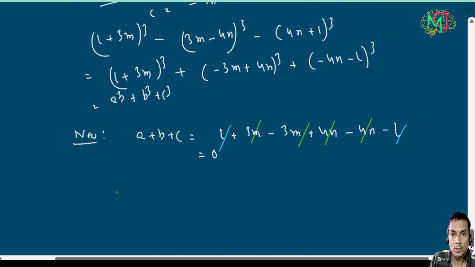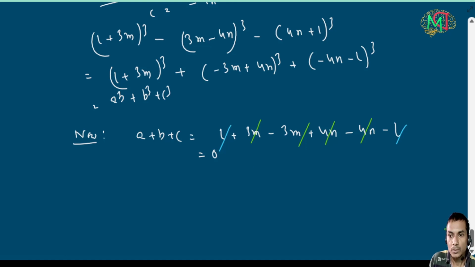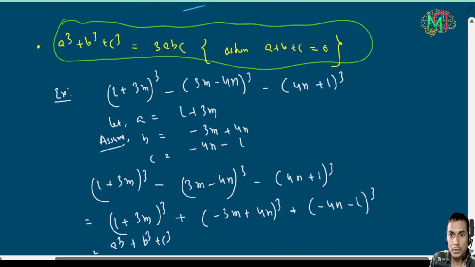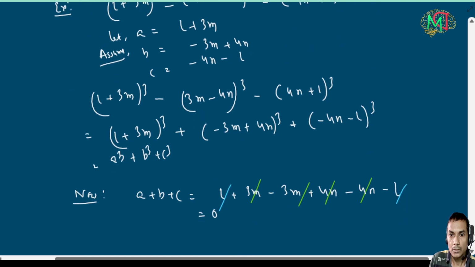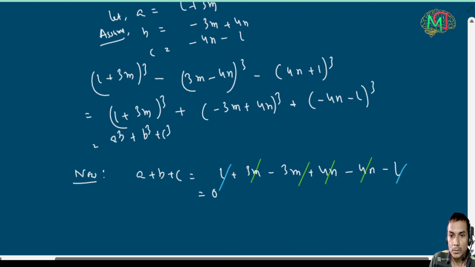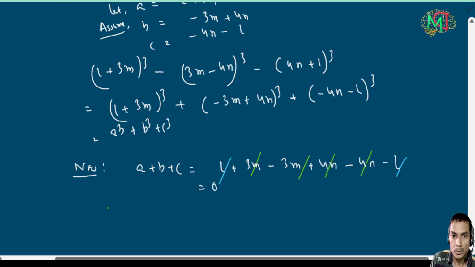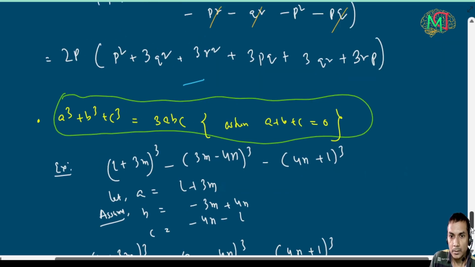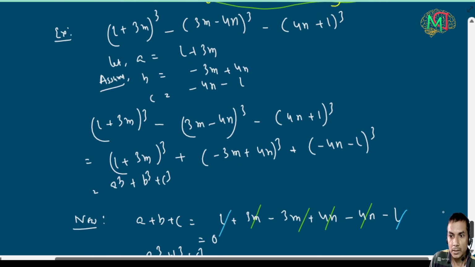So the factorization of the polynomial: a cube plus b cube plus c cube is equal to 3abc.